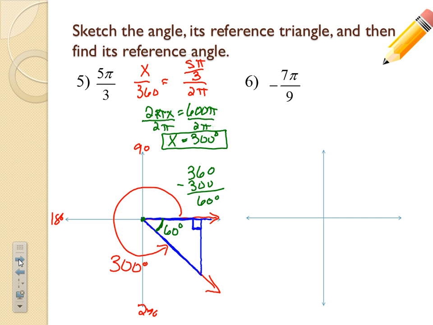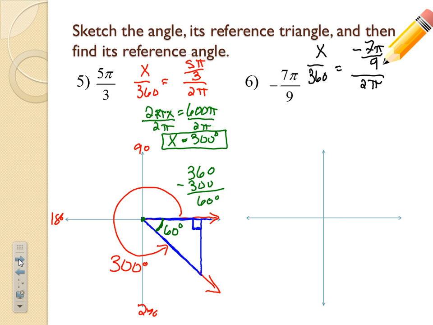All right, last example like this, I promise. When we set this up, once again, we have to find the degree of our angle first. So I have x over 360 equals negative 7 pi over 9, all over 2 pi.